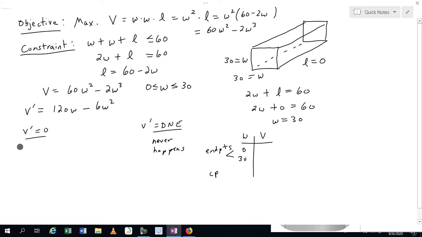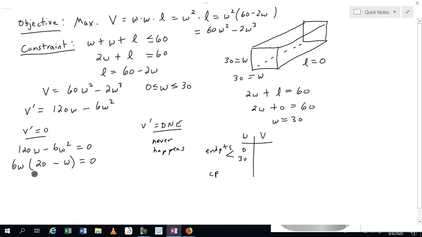But let's look at this case. So let's take the derivative and set it equal to 0, and then solve for W. Well, to solve this, it's a quadratic equation. You put it in standard form, so one side's equal to 0, and then you want to factor this other side or use the quadratic formula. But I think this factors. It looks like you can pull out maybe a 6W, and that will leave you with 20 minus W. So let's double check that.